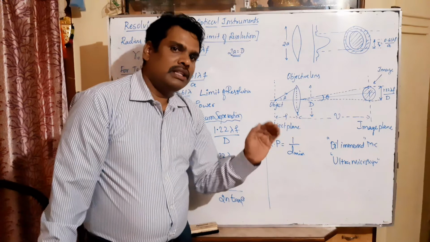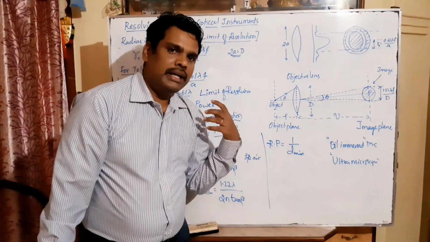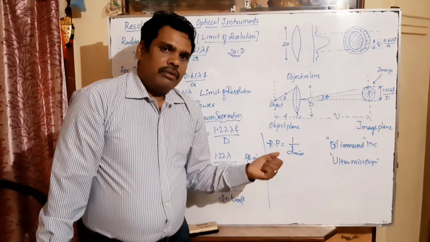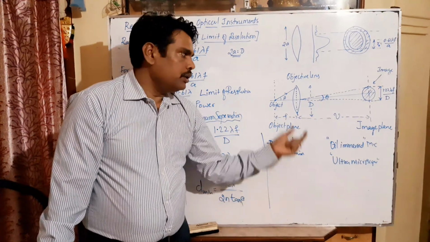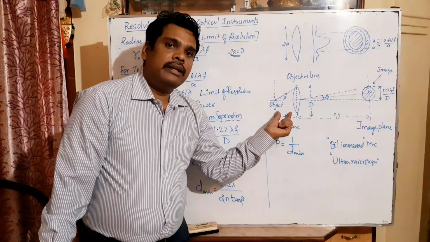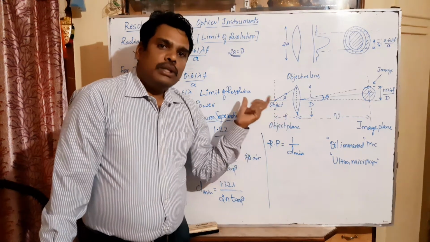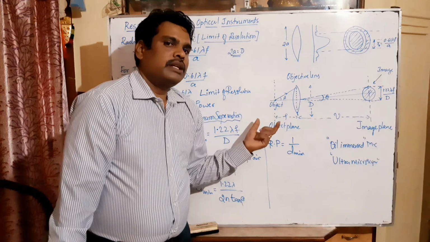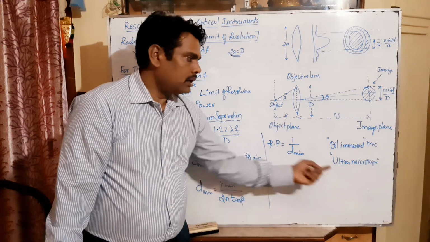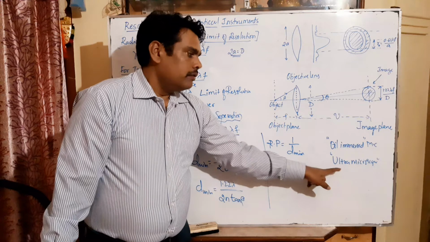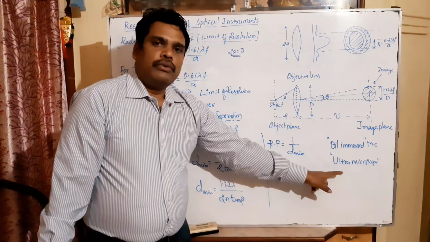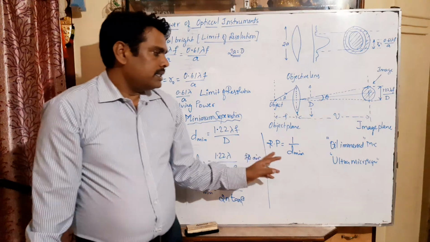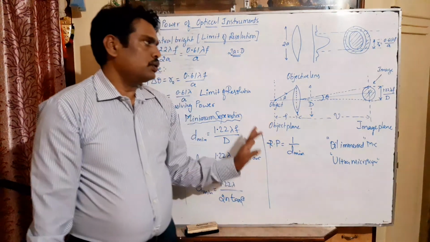If the microscope uses ultraviolet radiations instead of visible light, such microscopes are said to be ultra microscopes. For the ultra microscope also, resolving power is high. Clear now? These are the two methods to increase the resolving power of a microscope.